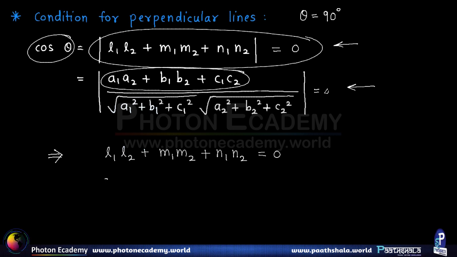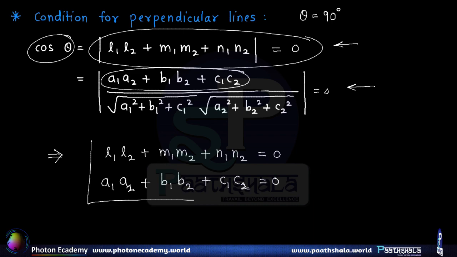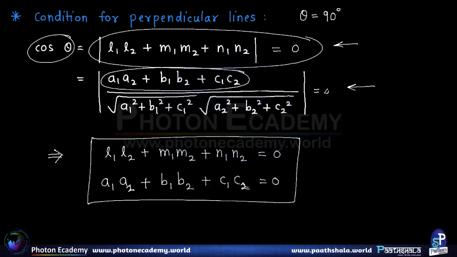So in case of direction ratios, the condition turns out to be A1 A2 plus B1 B2 plus C1 C2 equal to 0. Alright, so these are the conditions for the two lines to be perpendicular to each other.